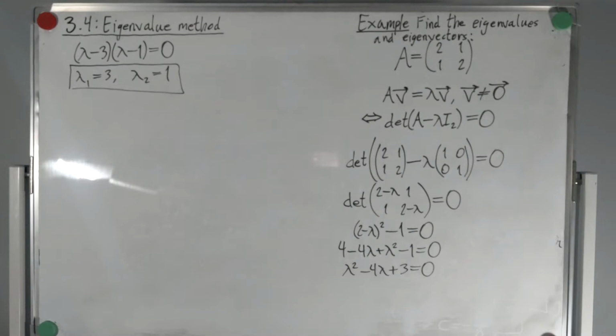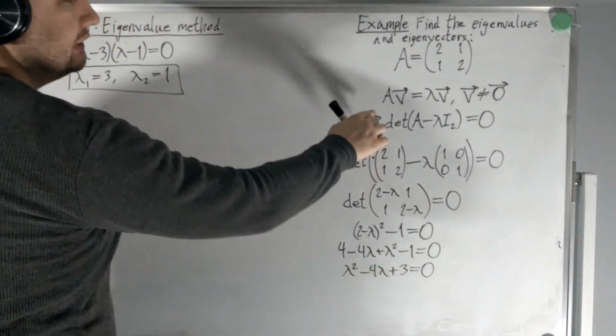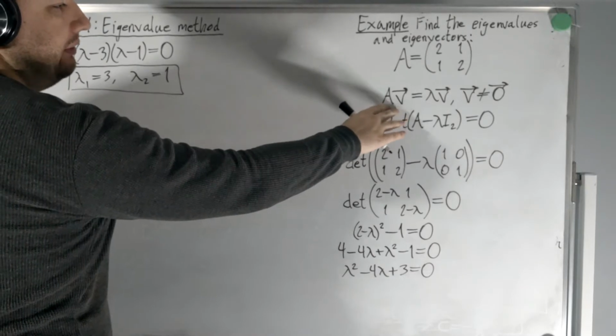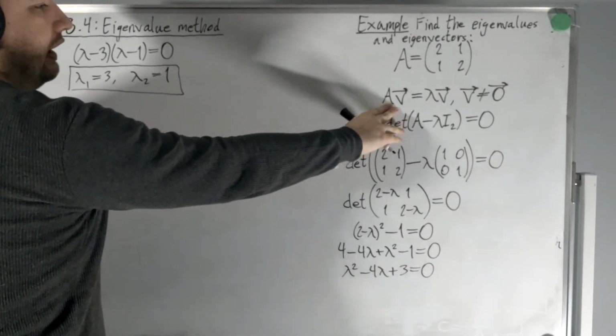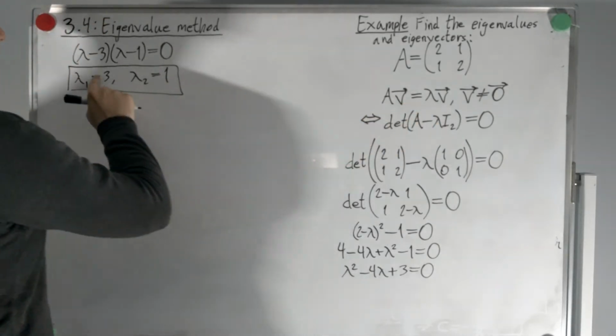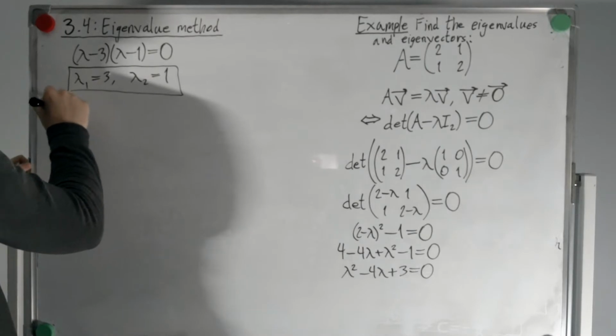Now, there was one other thing that I asked for, and that's for the eigenvectors. So in order to find the eigenvectors, what you have to use is just this same equation again, but now realize that lambda is either 3 or 1. So let's start with lambda equals 3.